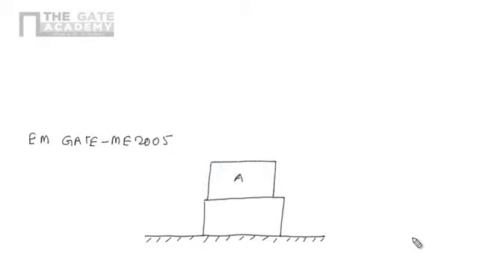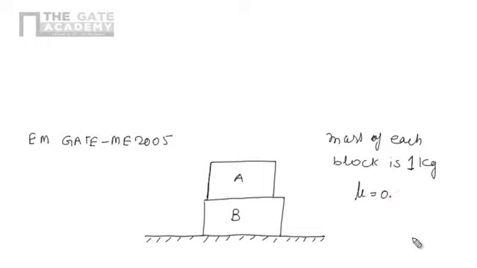Suppose this one is A and this is B. The mass of each block is 1 kg, and the coefficient of friction between any two contacting surfaces is 0.3, and a horizontal force is applied on the lower block, that is B.